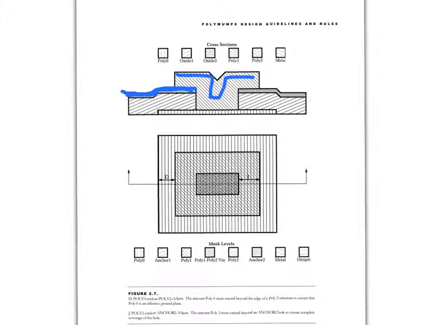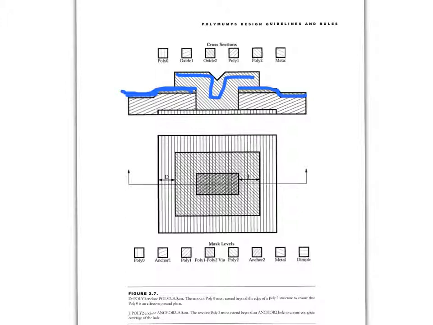Okay, so this thinner blue structure here is the oxide 2. So we talked about oxide 1, we made a hole in it. We could connect poly 1 to poly 0. Now we got oxide 2. Oxide 2 can go on top of poly 1, or it can go on top of the oxide, depending if you drew something in poly 1 or not, right? Most of the time you don't. So oxide 1 and 2 usually are on top of each other.